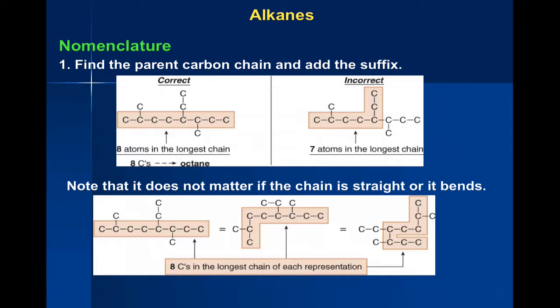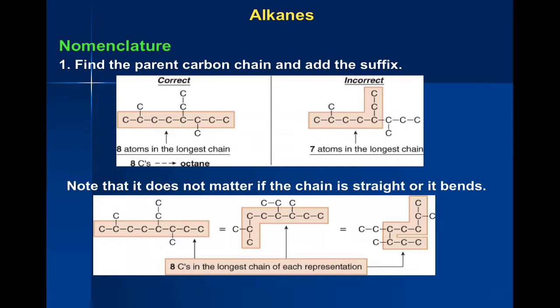So for example, if we're looking at this particular structure, no matter how we go, the longest continuous chain that we can get is 8 carbons. And it just happens to be directly from left to right here. Notice if we go up and bend, you only get 7 carbons. So this is incorrect. This is going to be some type of octane parent.